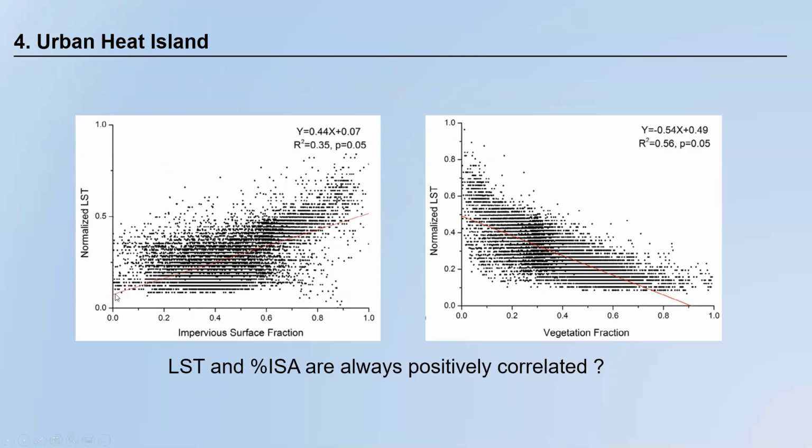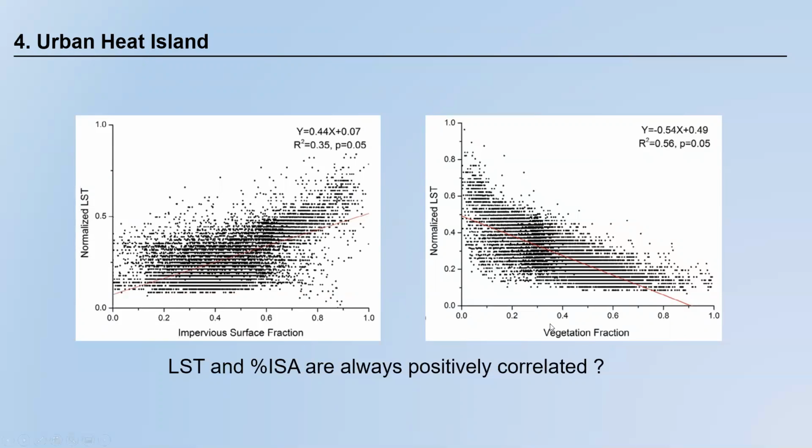If we use a linear function to carry out the regression analysis of this scatter plot, you can see that this red straight line is the result. Obviously, impervious surface fraction and normalized LST are positively correlated, which means when one of them is increasing, another one is also increasing. They are along the same direction.